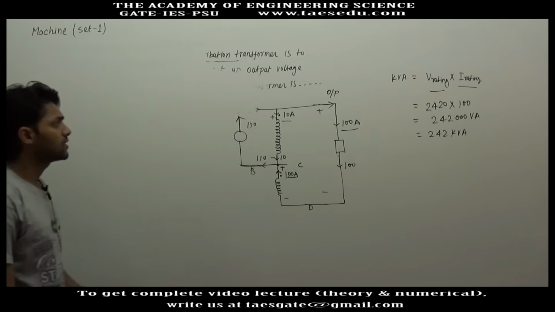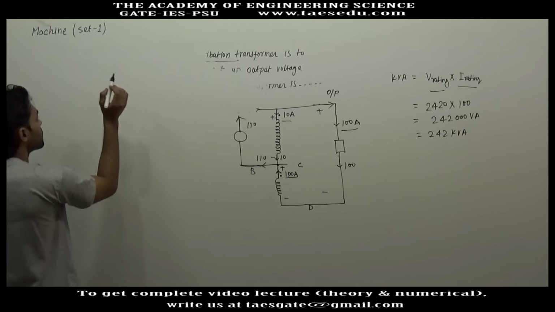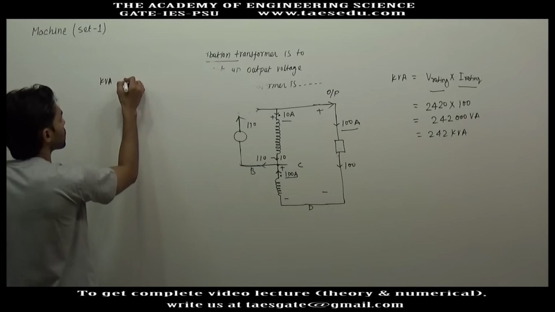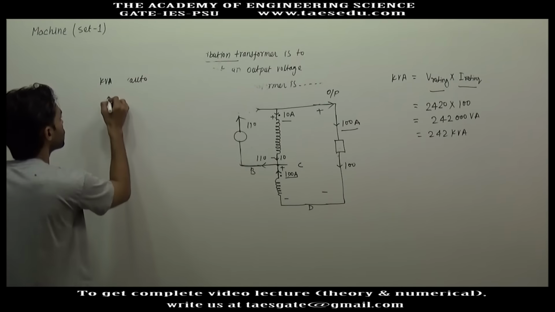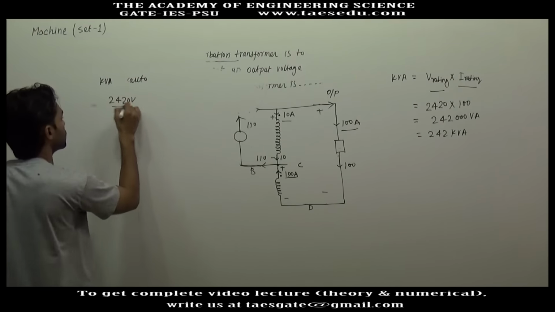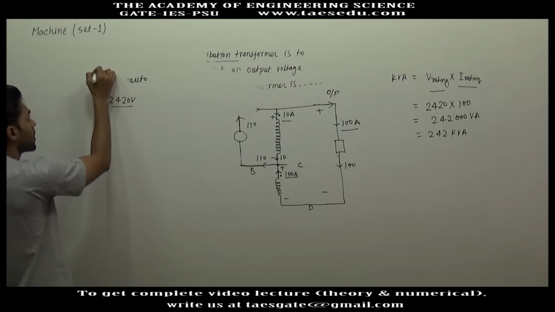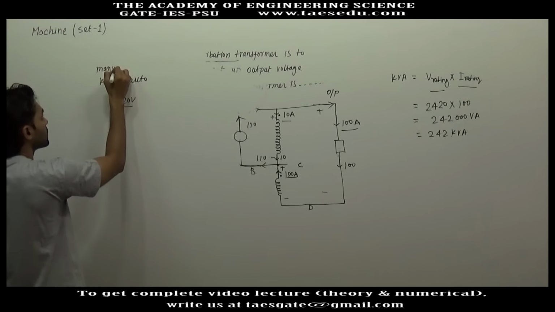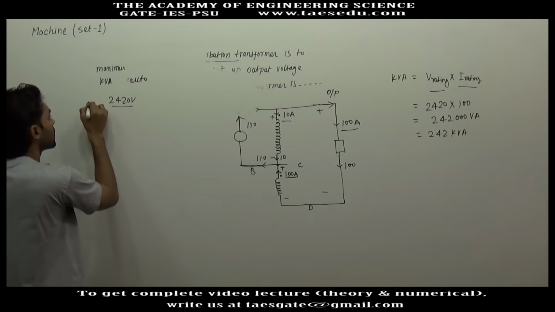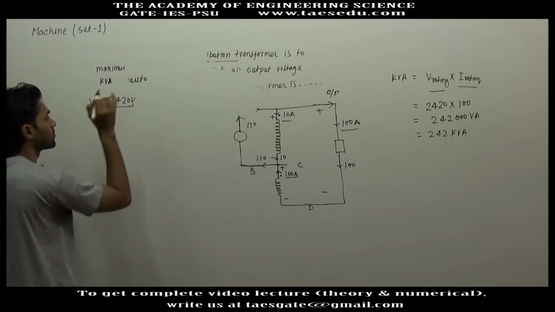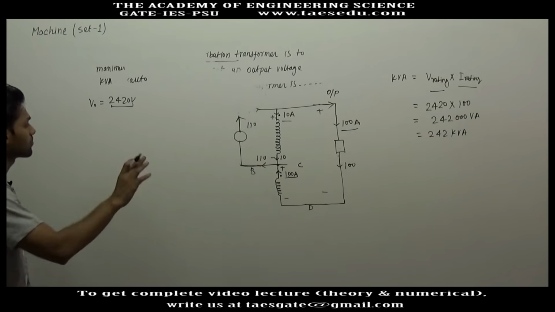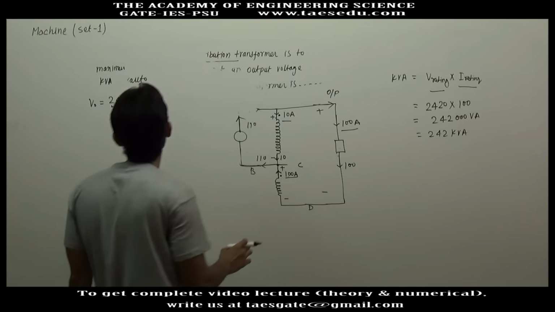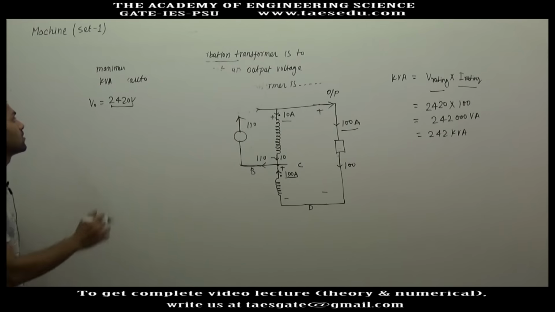In the question it is asked for the maximum possible kVA of this auto transformer when the output voltage is 2420 volt. From the question, it seems that there may be one more kVA rating for this output voltage.